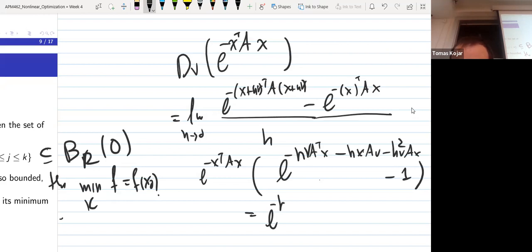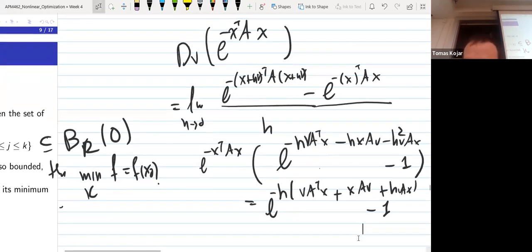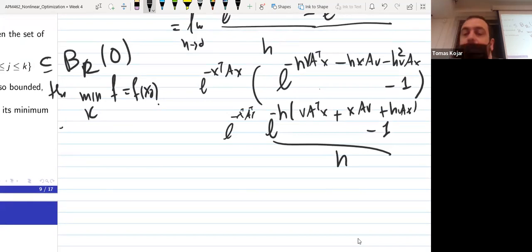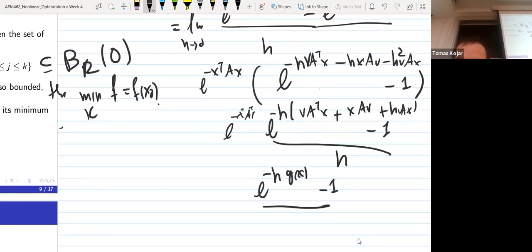You have minus h, some A transpose x thing, and you still have an h left, minus 1, and then you use regular calculus. So this is over h, and of the form e to the minus h gx, minus 1, over h, and it goes to whatever that is in first year calculus.